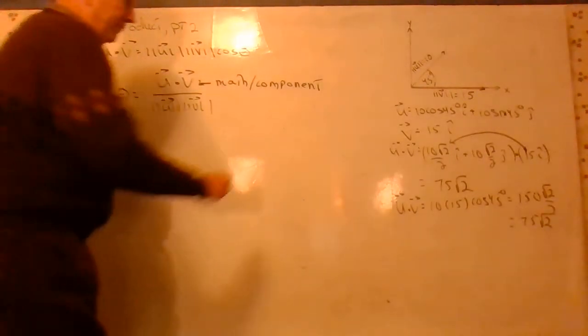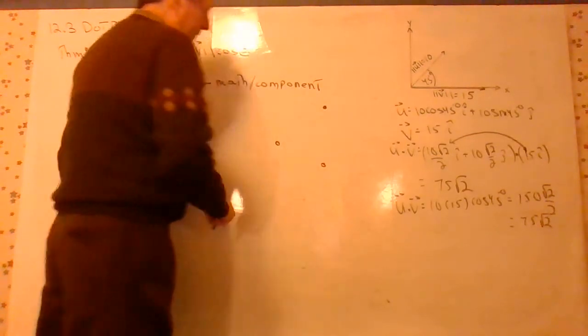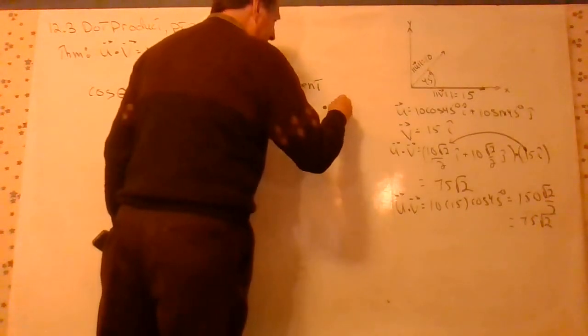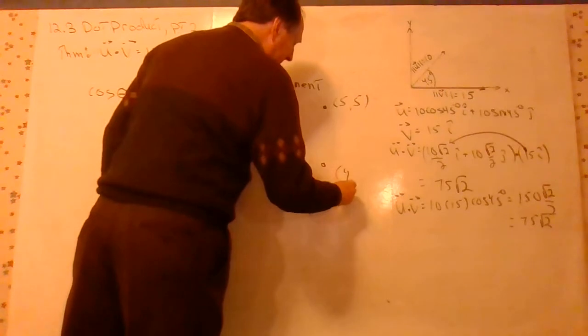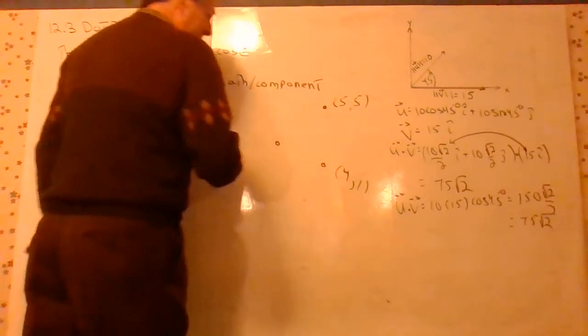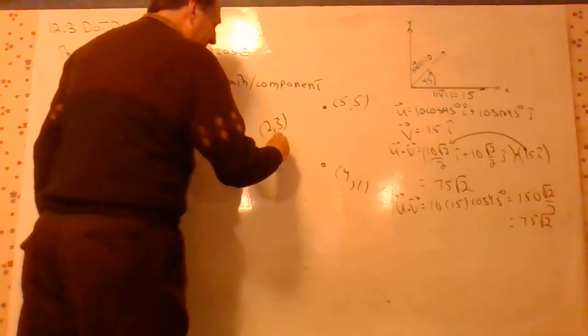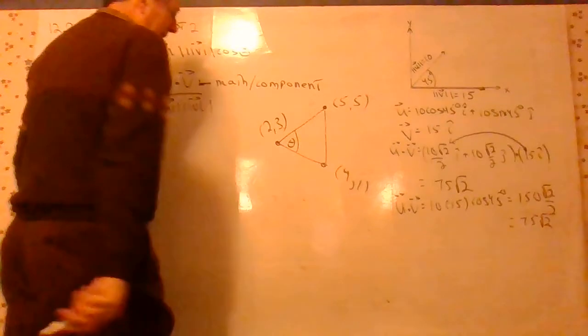Now, let me give you a very simple example. Let's take three points; we can do this two-dimensionally. Let's suppose this is the point 5, 5, and this is the point 4, 1. And let's suppose this is the point 2, 3. We construct a triangle, and we want to know that angle.